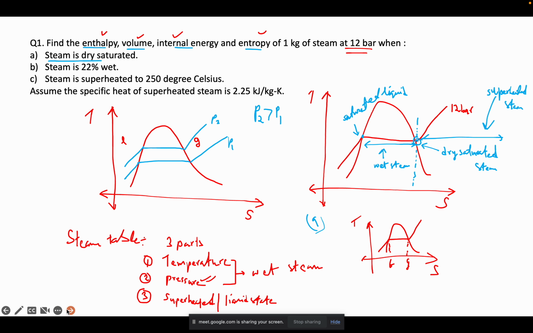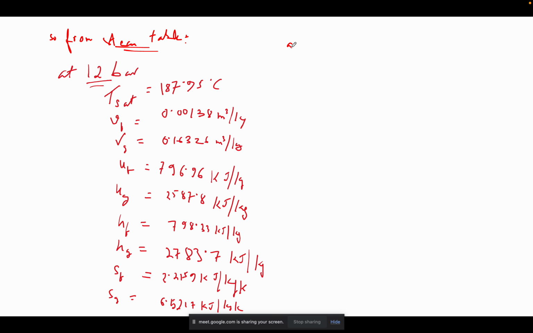Now in case A, steam is dry saturated, so it is at this point. So we need the values at this point.